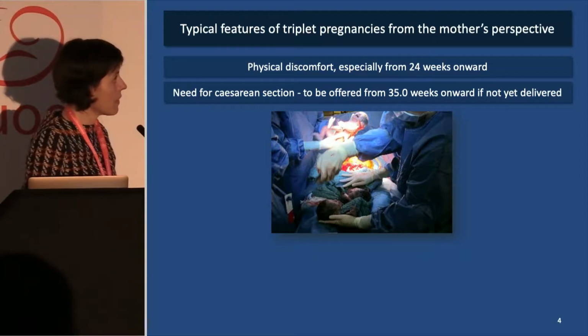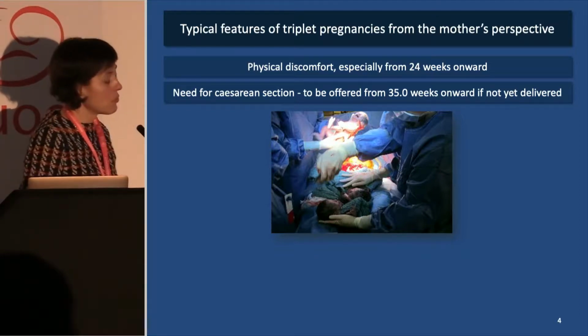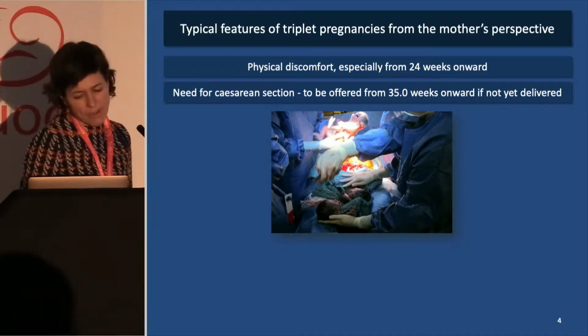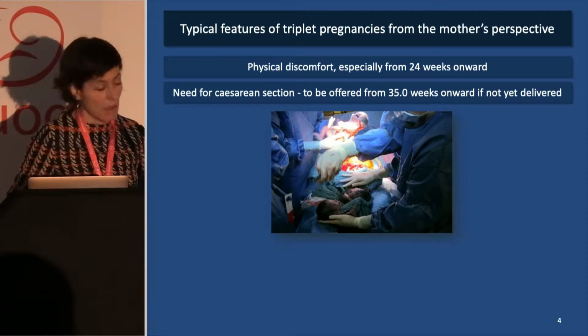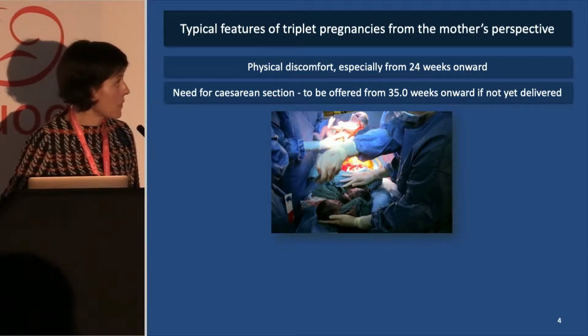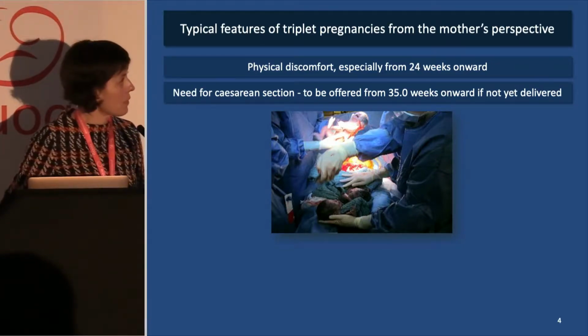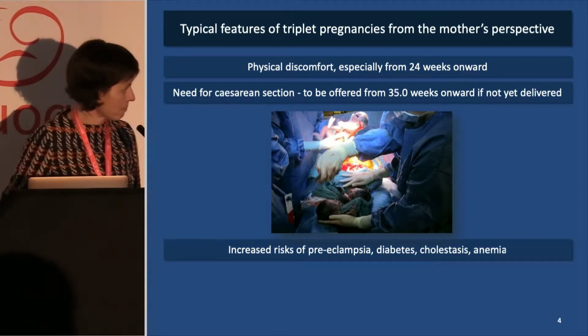So usually we offer cesarean section, and we don't go beyond 35 weeks because we know that the risk of in utero demise is decreased after 35 weeks. So we offer delivery at around 35 weeks.